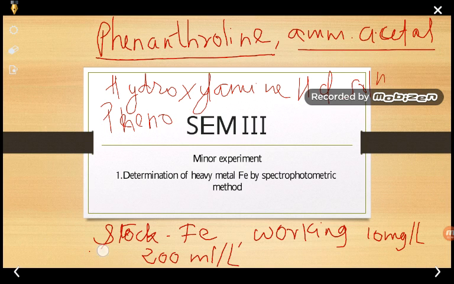Next we need a stock solution of iron, that is 200 mg per liter, you can say 200 ppm of the iron stock solution we have to prepare, and from this 200 ppm we have to prepare the 10 ppm solution of iron.